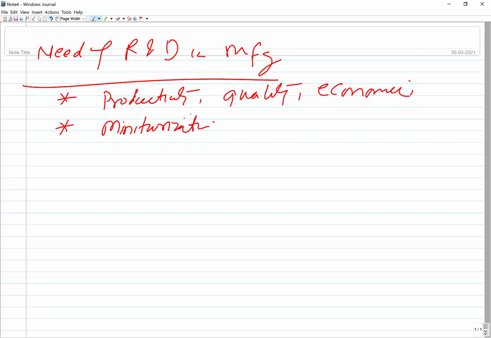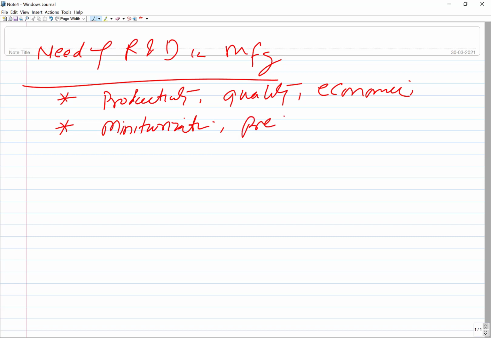The medical and the electronics are the two dominating fields, and it is more difficult to make things which are extremely small or extremely big, both sides. Making things of extreme sizes is difficult. We need different technologies to manufacture those things. So miniaturization is one that compels us to do a lot of R&D in manufacturing.